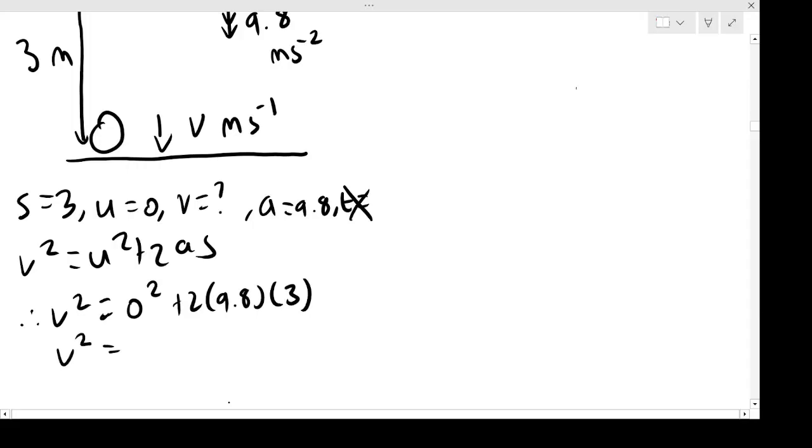If I simplify this, v squared is 58.8. Then I can square root this to get v.